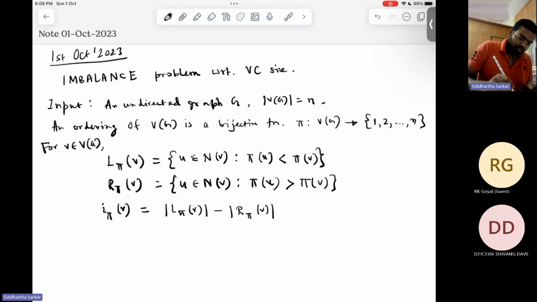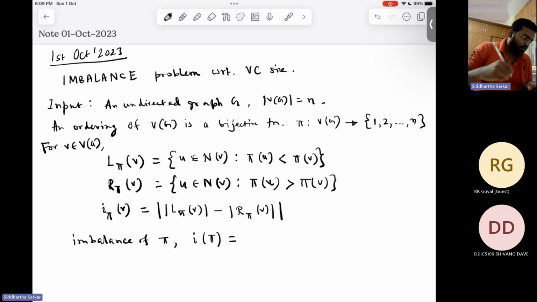But this number should be positive, so we are taking the mod, the absolute value. So this is the imbalance at a vertex. Now the imbalance of the ordering pi, which is written as I of pi, is the sum of all the imbalances over all the vertices.